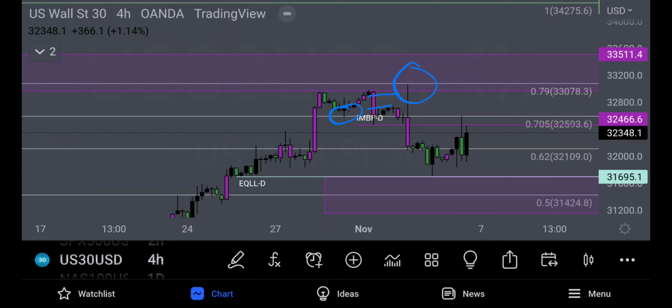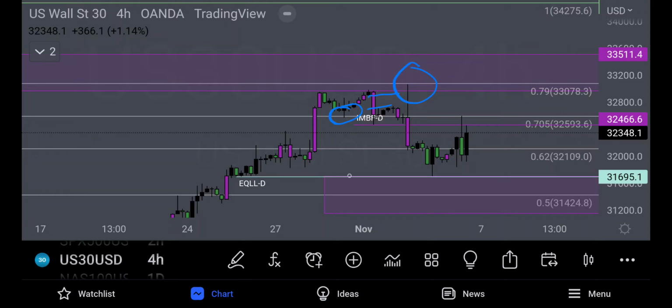Go check it out, guys. That's just what happens with intermediate lows as well as intermediate highs. When they are taken out, that's a sign that that is the direction the market wants to trade. It did trade lower and created this equal low here on the 4 hour, which is also on the daily.